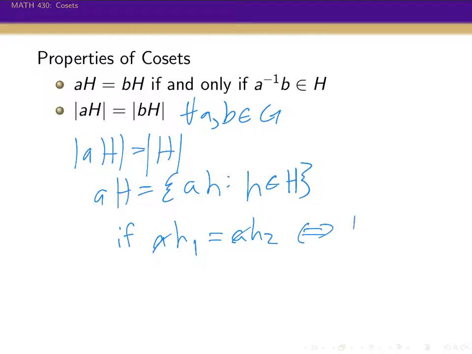And so this only happens if h1 is equal to h2. Okay, and so when we multiply by all the different things in H, each time that you change your element h, you're going to be getting a new element in the group. And so the size of AH is equal to the size of H. This is true for any A, and so this means that all of the cosets have exactly the same size, and that size is exactly the size of H.